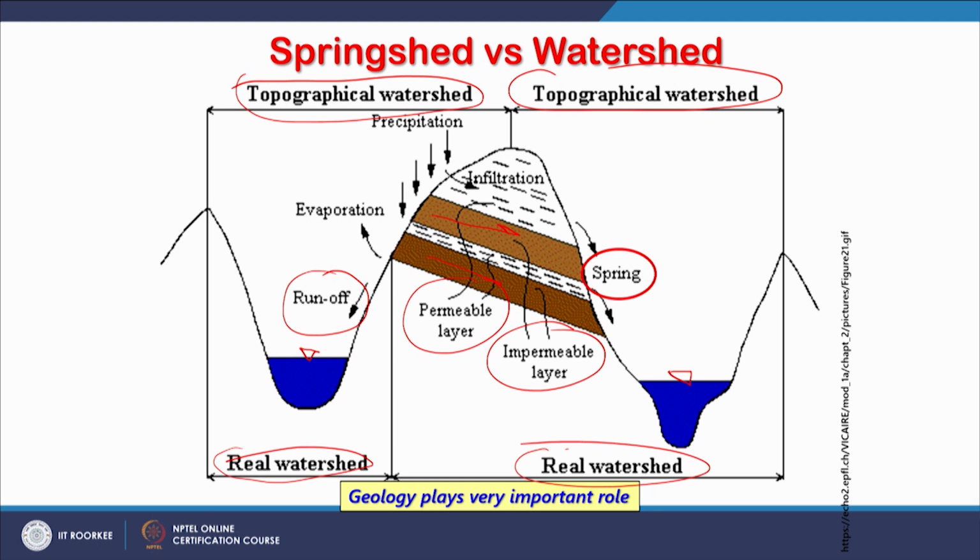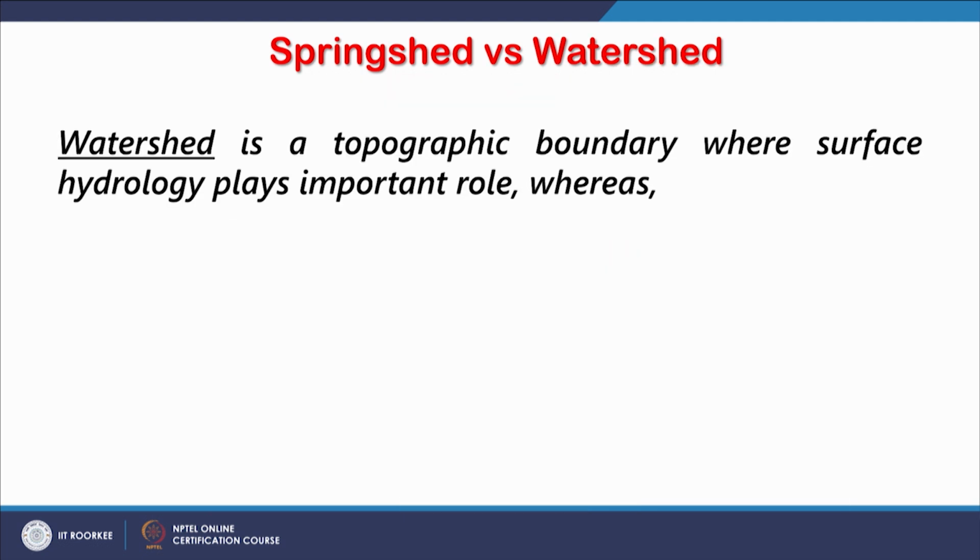So, what I am trying to say is that watersheds are generally a smaller entity than a springshed. Further, identification of a watershed is much easier using topo sheets or digital elevation models or hydrologic surface modeling. Other things can automatically identify watersheds.